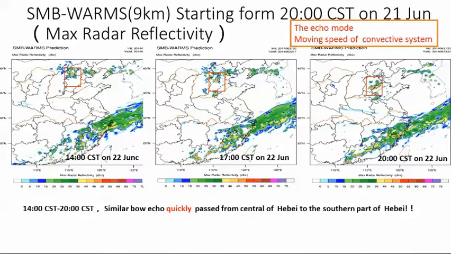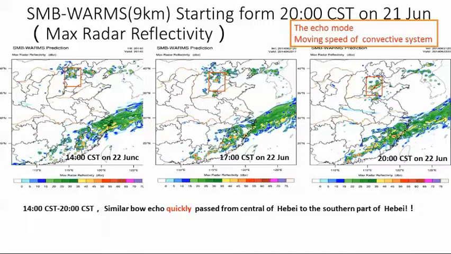These are the model composite reflectivity forecasts at the initial time of 20 o'clock CST on June 21. The left is at 14 o'clock CST, the middle is at 17 o'clock CST, the right is 20 o'clock CST. From these 3 hours, a similar bow echo embedded in a linear line passes from the center of Hebei to the southern part of Hebei.